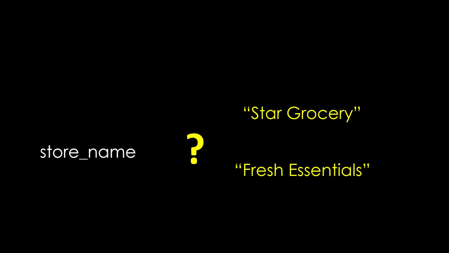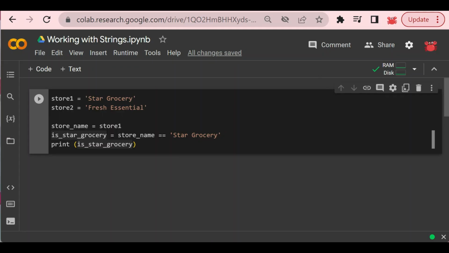Situations like this require us to compare the content of the variable store_name, which is a string, with another fixed string, say Star Grocery. We call such cases comparison of two strings. So, in this code, we have two names, store1 and store2. Store1 equals Star Grocery, store2 equals Fresh Essentials.